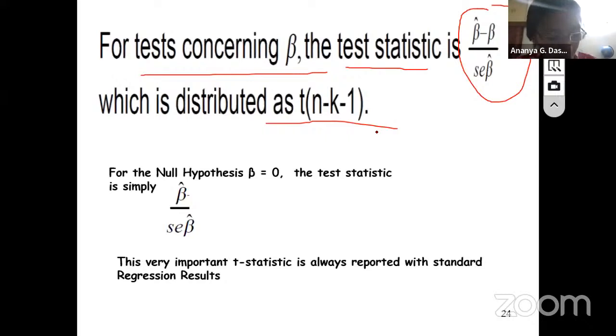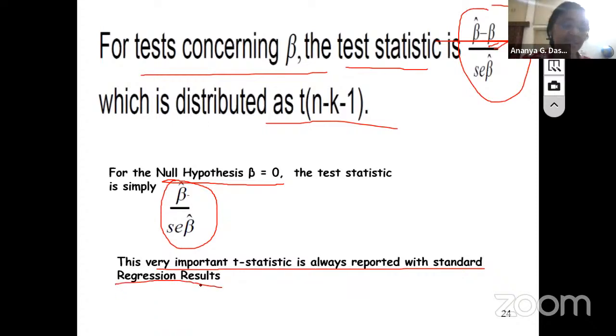So in other words, if you want to test the null hypothesis that beta is equal to 0, then you simply plug in beta equal to 0 over here, and your test statistic gets this particular form, beta hat upon the standard error of beta hat. This very important test statistic, the t statistic, is always reported with our standard regression results. So I'll just take you there and show this to you.